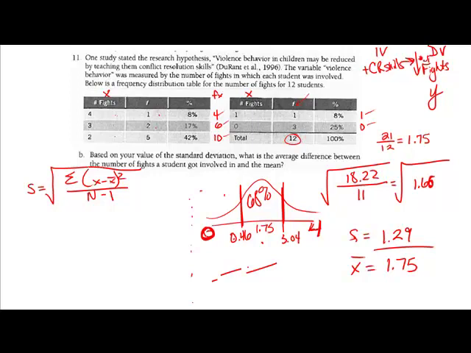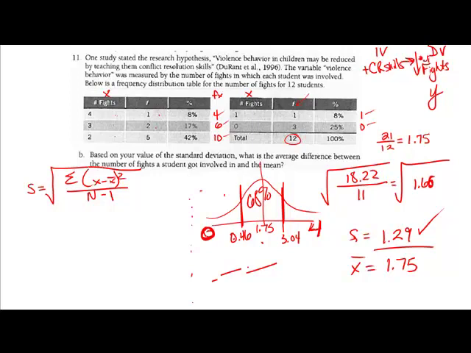So most of our observations are going to be between half a fight, which again makes no sense, and 3.04. So the average distance away from the mean is 1 fight.